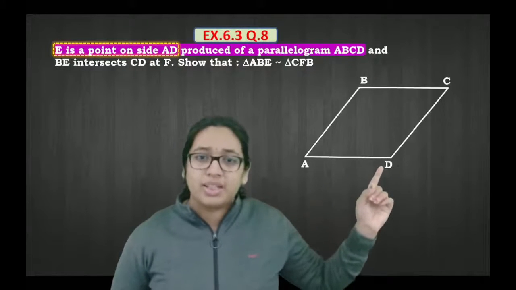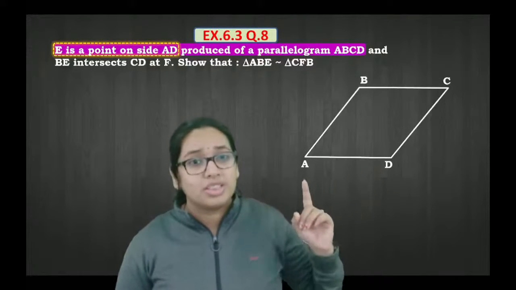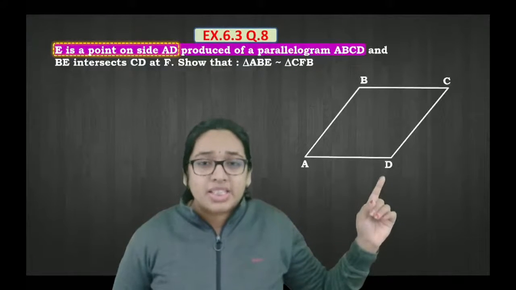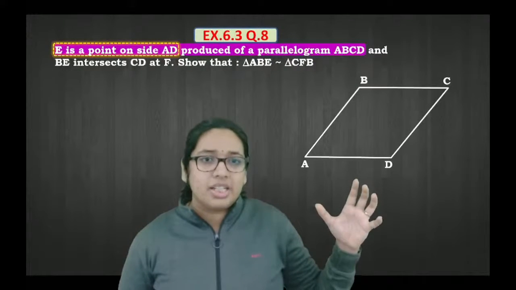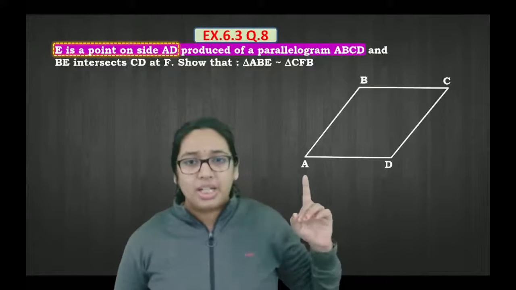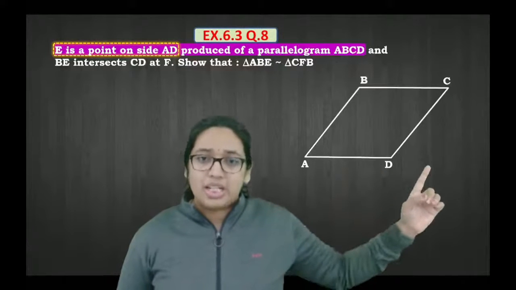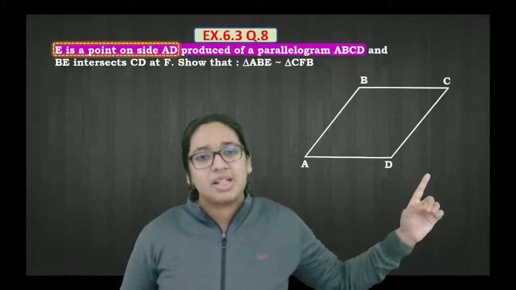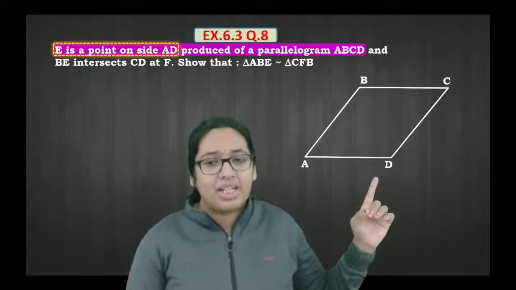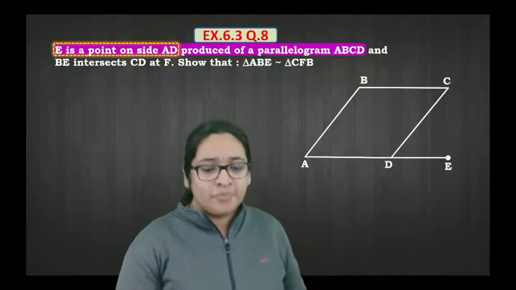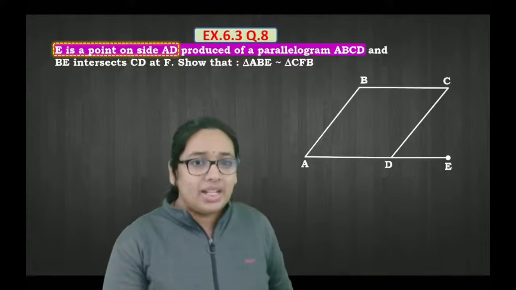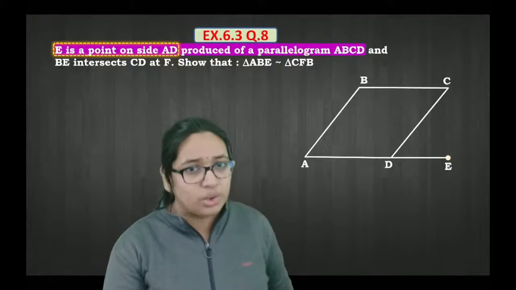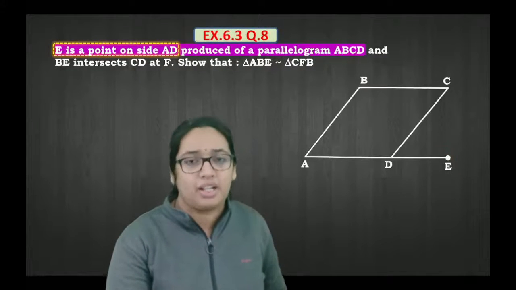We have to take a point which will be on side AD, such that we can say BE intersect CD at F. तो ये जो आप AD देख सकते हो, AD को आपको क्या करना पड़ेगा? एक्सटेंड करना पड़ेगा, so that we can take a point on it. So this will be point E on side AD, and as in the given question, BE intersect CD at F.